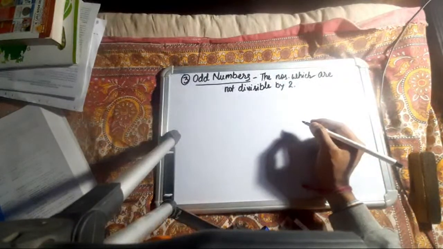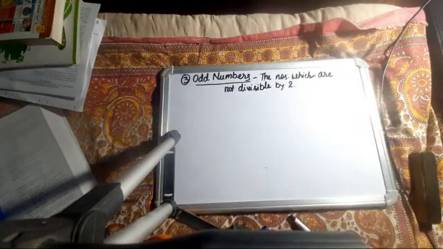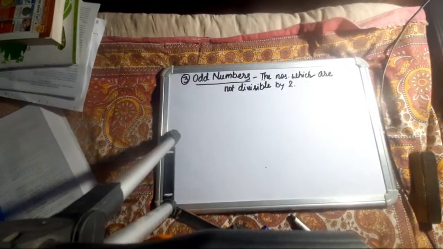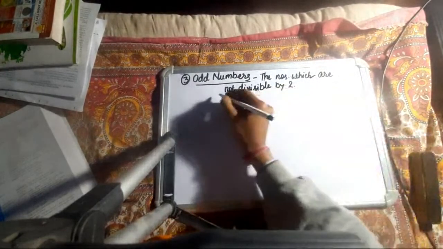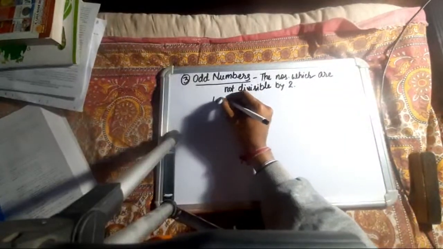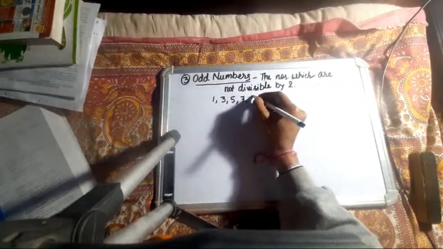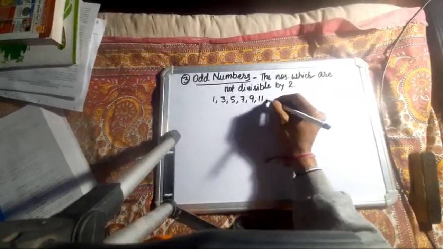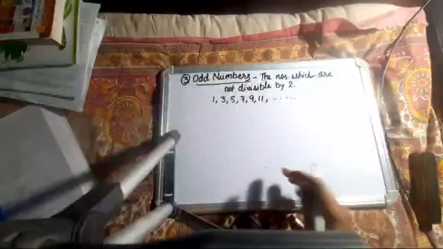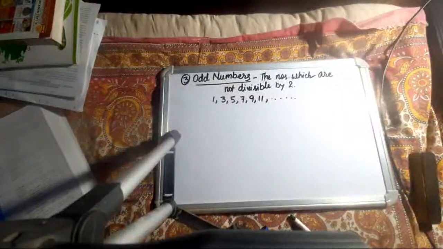Some examples of odd numbers: 1, 3, 5, 7, 9, 11, and so on. These numbers are not divisible by 2. Therefore, they are called odd numbers.